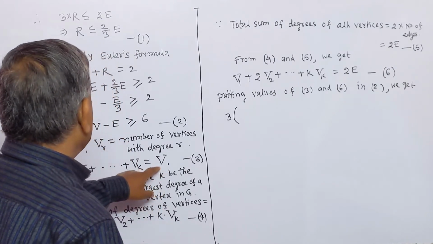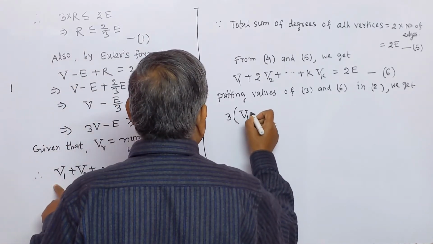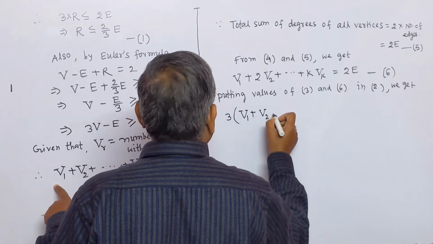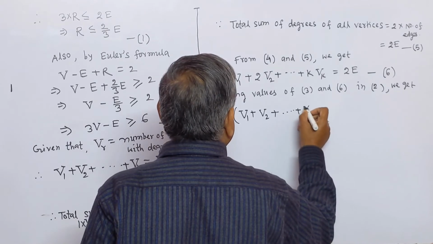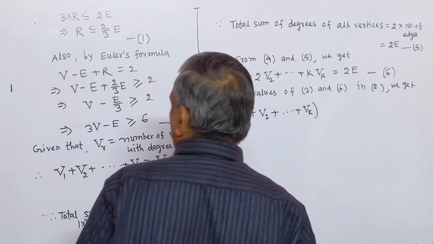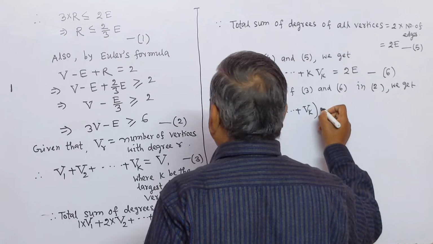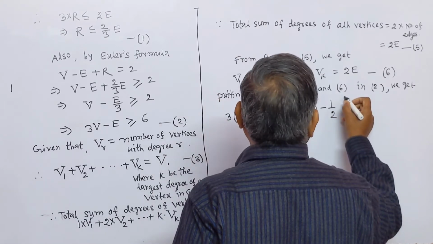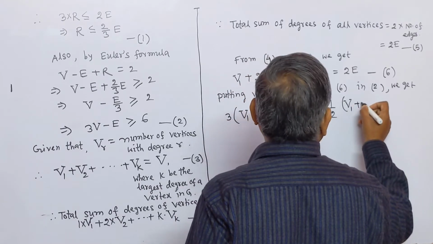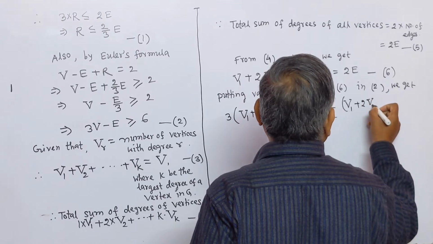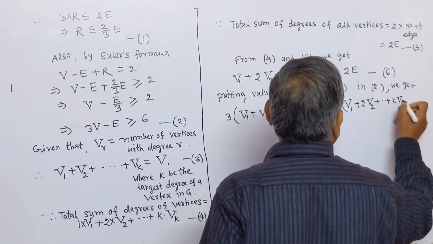Here in number 3, V1 plus V2 plus and so on, plus Vk, minus E, where E is 1/2 of V1 plus 2V2 plus and so on, plus kVk.